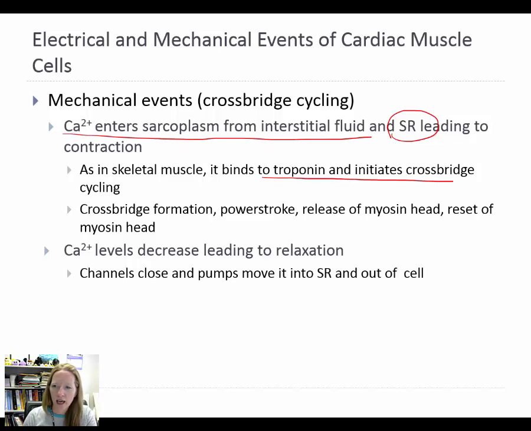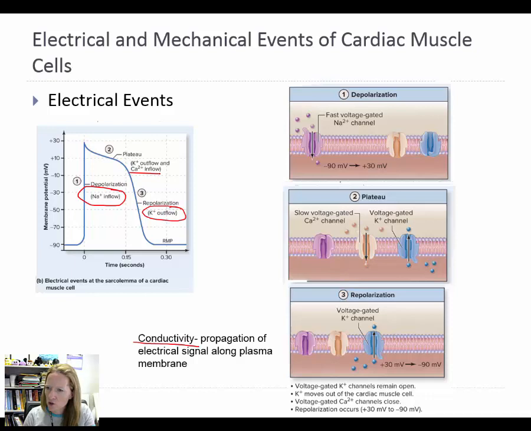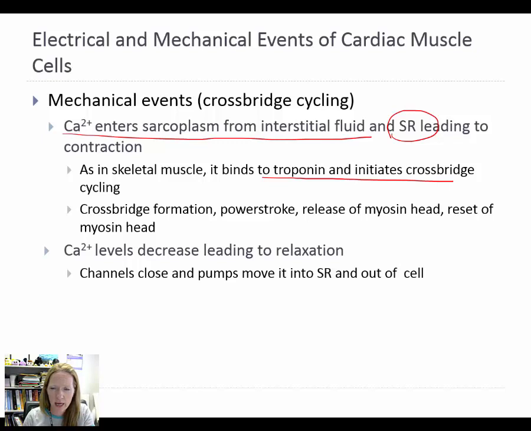So let's take a look at our calcium levels. What happens with the calcium levels is, first of all, these calcium channels are actually going to close at the repolarization. So that means you have less calcium that's going to go out and stimulate the sarcoplasmic reticulum to release more calcium.